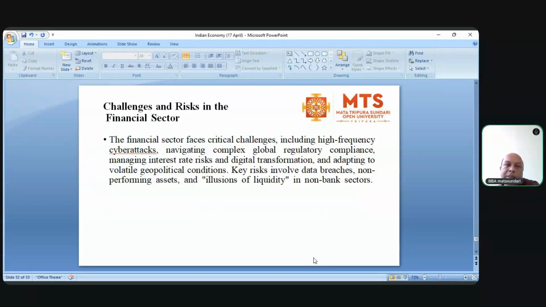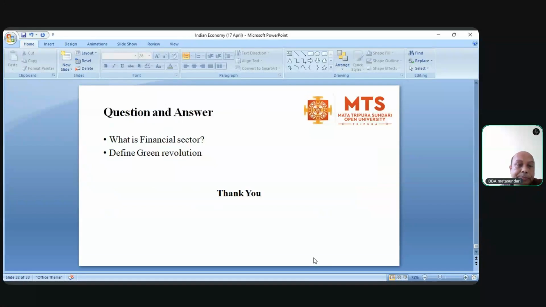Non-performing assets basically means unrecoverable loans of banks. It indicates that if a bank is unable to collect or recover a loan provided by the bank, then it falls under non-performing assets. So these are various challenges faced by the financial sector in India.